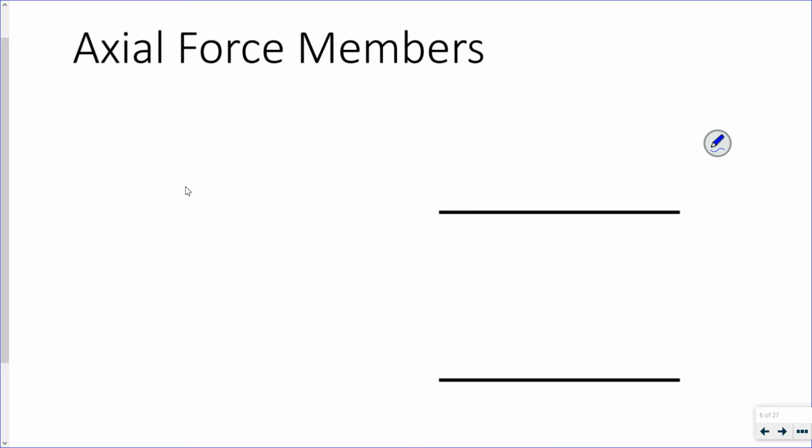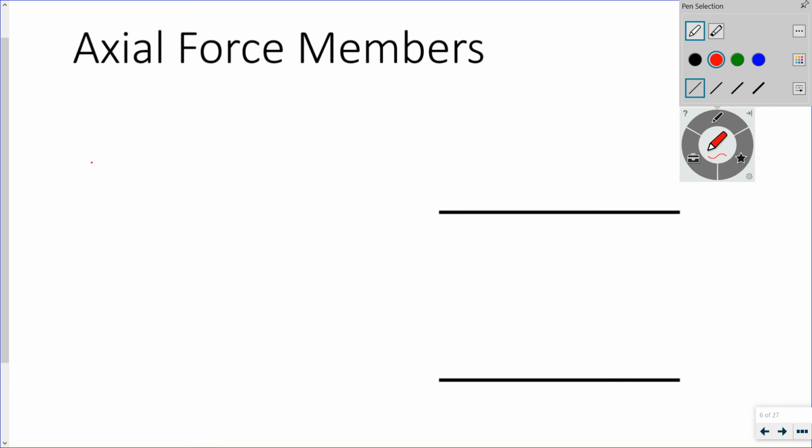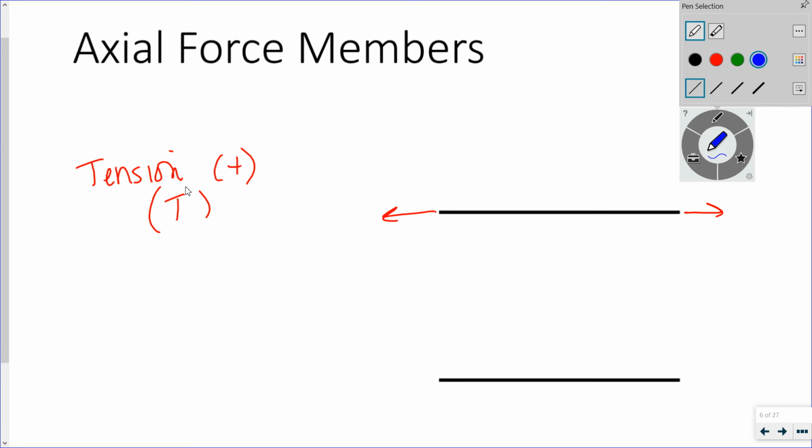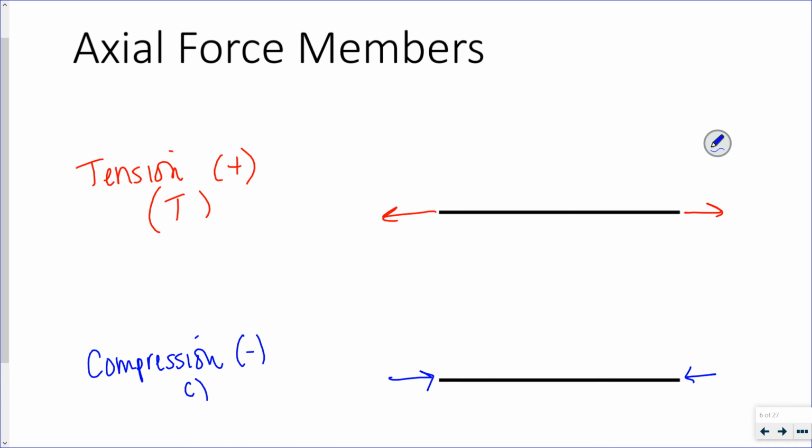And that means I will either have tension on my members, which I'm going to assume tension is positive, and I often denote tension with a T, or the other way, compression, denoted with a C, and compression is negative.